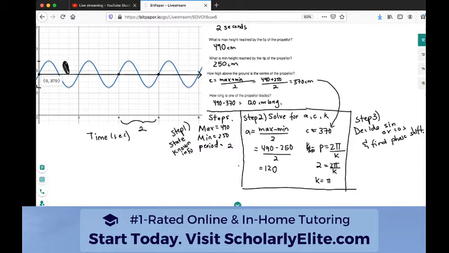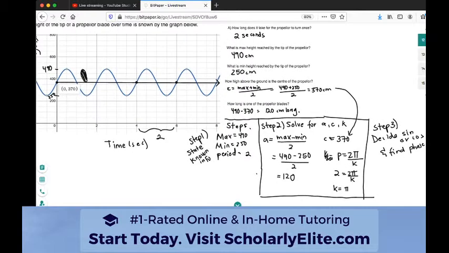In this particular graph, I'm going to use a sine function because it starts at its midpoint, which is how sine functions start. If I wanted it to be a cos function, I would have to do a phase shift because then it would start here, like right there. I'm using my mouse, that's why it's kind of coming out wonky. So because I want to make a sine function where it starts at its midpoint, that's where I'm going to start it. If I wanted a cos function, I would have to start it right here.